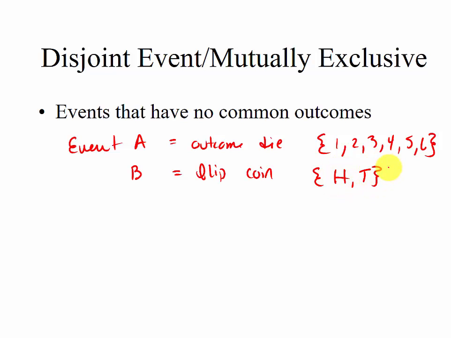These would be considered mutually exclusive or disjoint events because there are no common outcomes between the two. If we wanted to find the probability of event A or event B happening, we simply would add the two together.